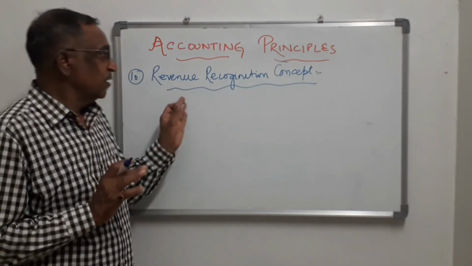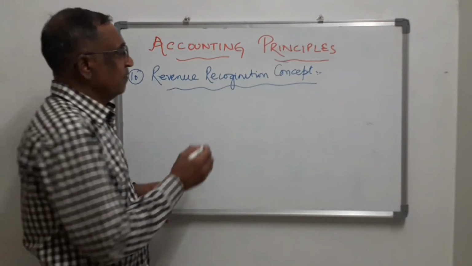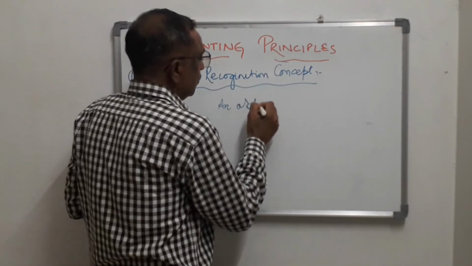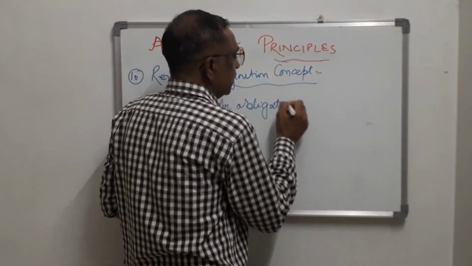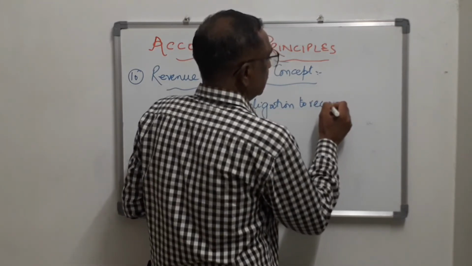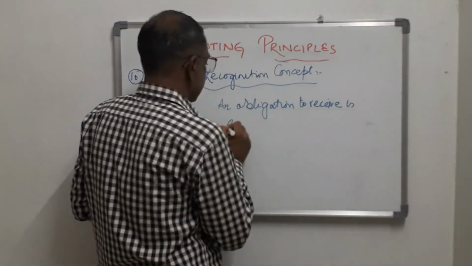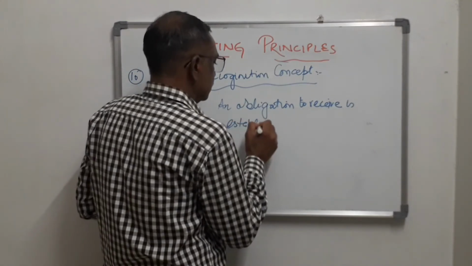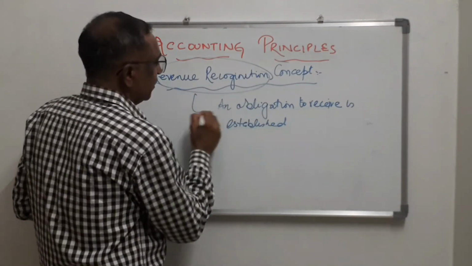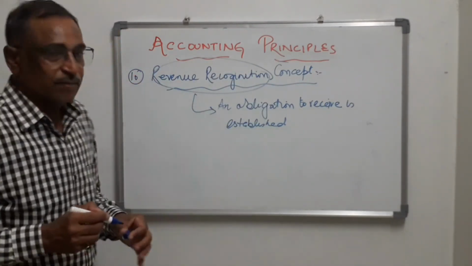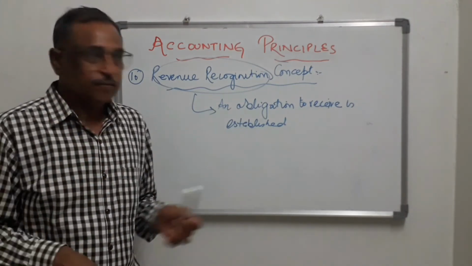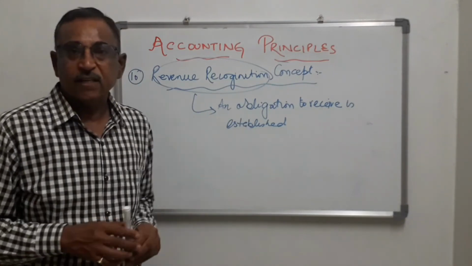So, according to revenue recognition, it will be when an obligation to receive is established. Cash is received or not, it is a different issue. Important thing is the obligation to receive. Clear?